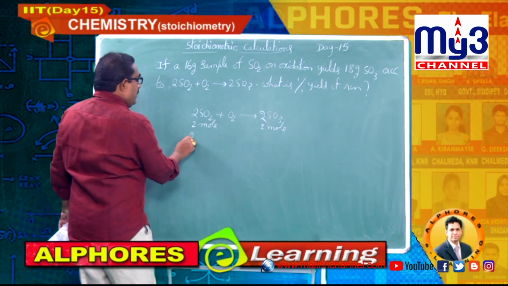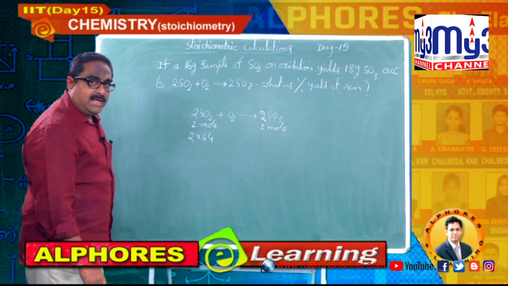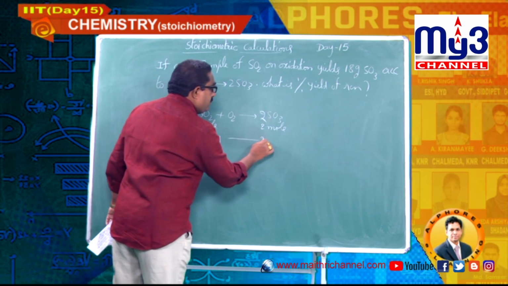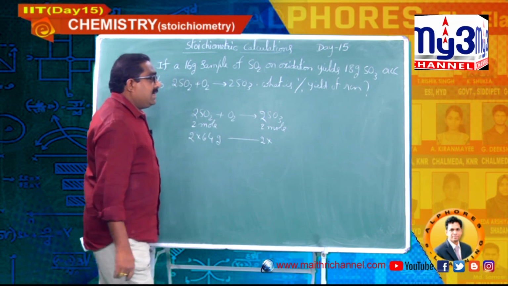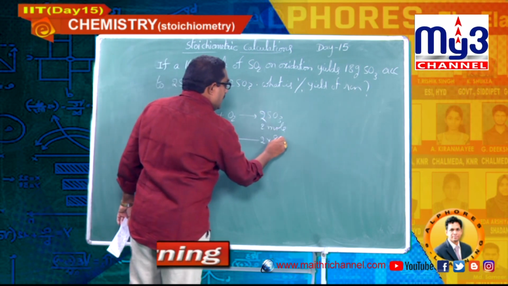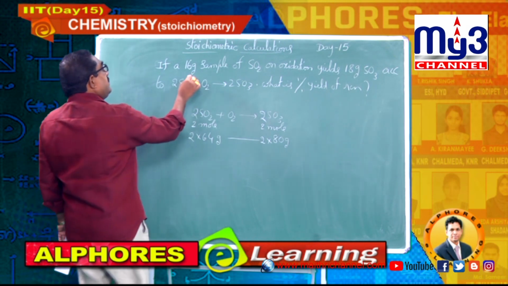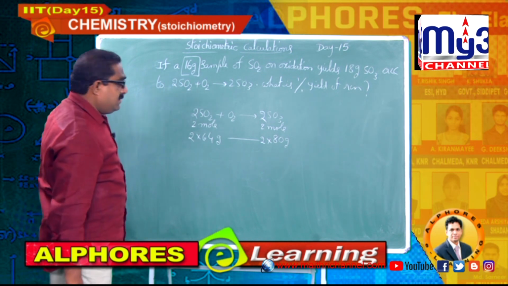2 moles means we can write simply 2 into the molar mass of sulfur dioxide, 32 plus 2 into 16, 64 grams, gives rise to 2 into the molar mass of sulfur trioxide, 32 plus 48, that is 80 grams. But he has taken a sample of 16 grams of sulfur dioxide.